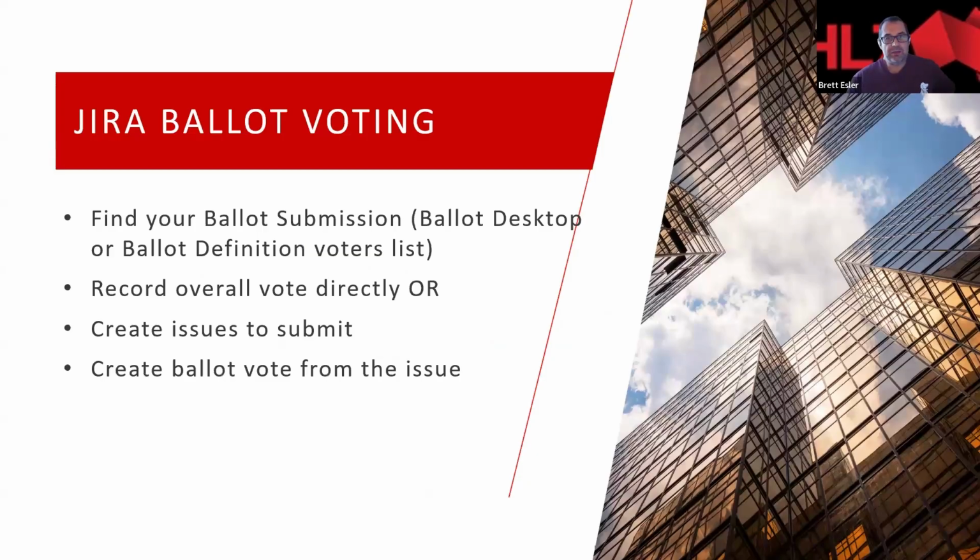So the Jira balloting system. Basically, you need to be able to find your own ballot submission. So we'll go through that in a minute. Once you've found that, it'll be for this specific specification, in this case, patient summary R1, and you'll be able to vote on that directly in a couple of ways.